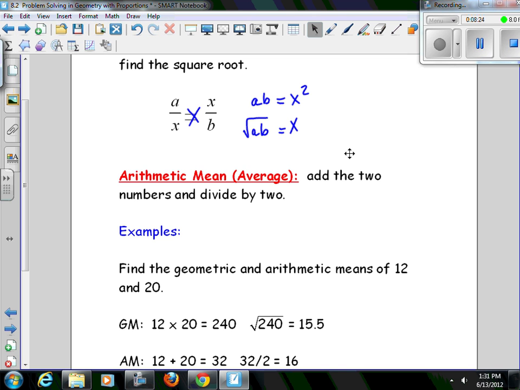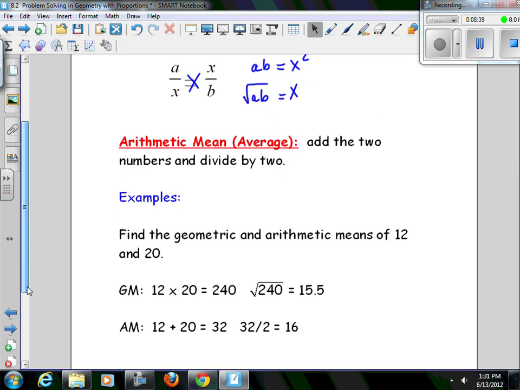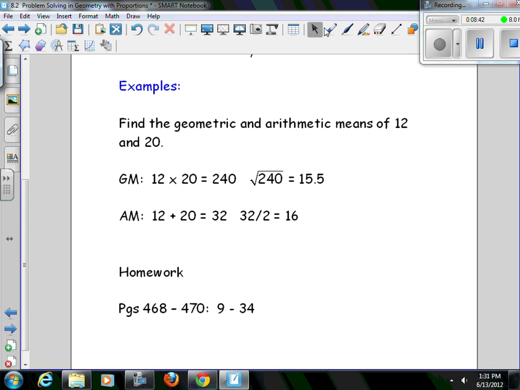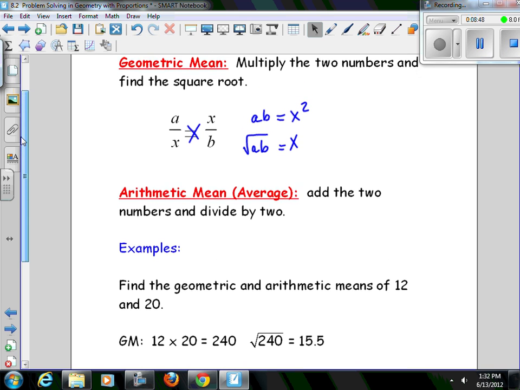Now the arithmetic mean, that's something you've actually used many times. This is just taking an average. So if you have two numbers, you're just going to add the two numbers and then divide by 2. Okay? So let's say that you're asked to find the geometric and arithmetic means of 12 and 20. Now go back to what we were told on the geometric mean.